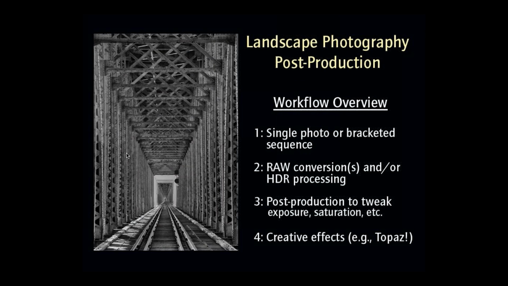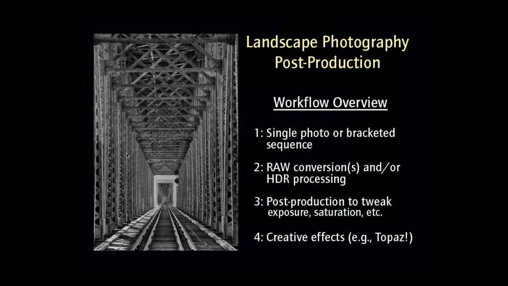And that might be a single photo, or single photos, or in many cases a bracketed sequence. So I process the photos using raw conversion or HDR. I tweak the images from a photographic perspective, mostly for things like exposure, saturation, contrast, and so on. And then I apply creative effects at the end.